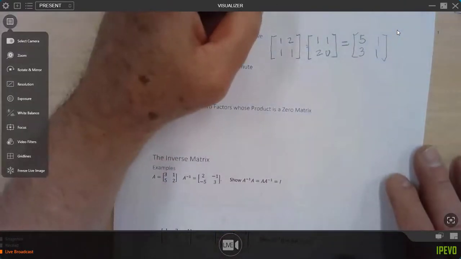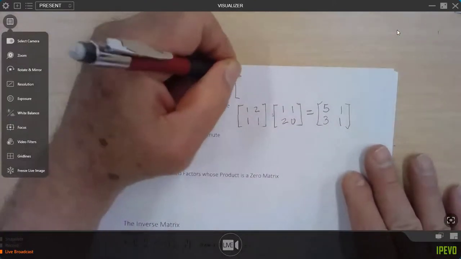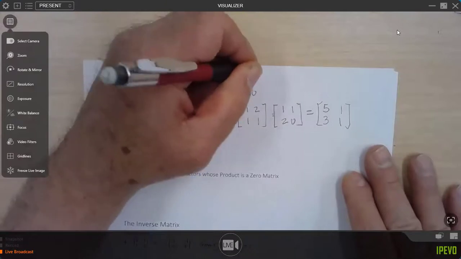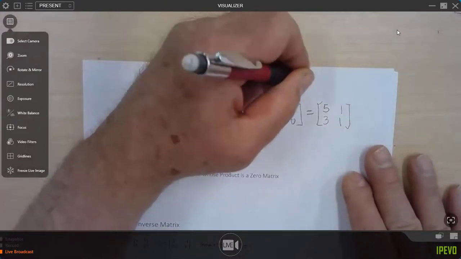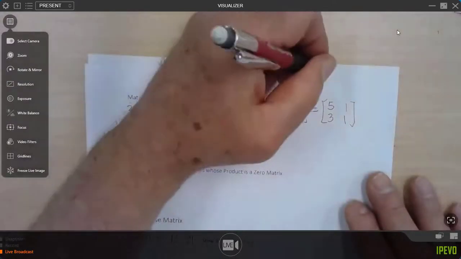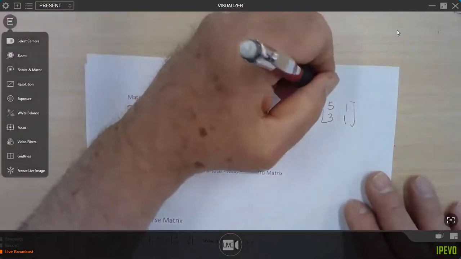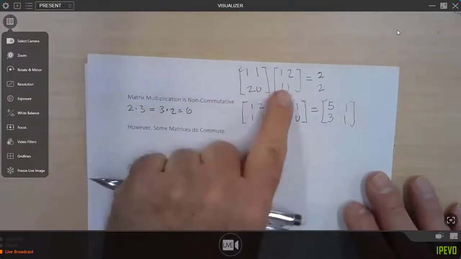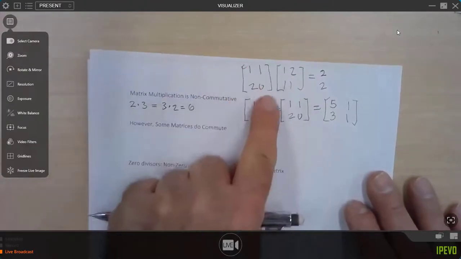If I put them in the other order, 1, 1, 2, 0, 1, 2, 1, 1, multiply those out, well, I'm going to get 2, 2. And what this does is it doubles the first column and then adds the second column.